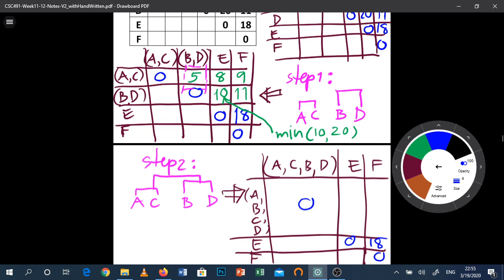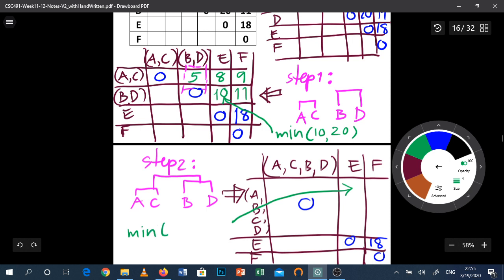Okay, so the update of this cell is the minimum of AE, BE, CE, and DE.